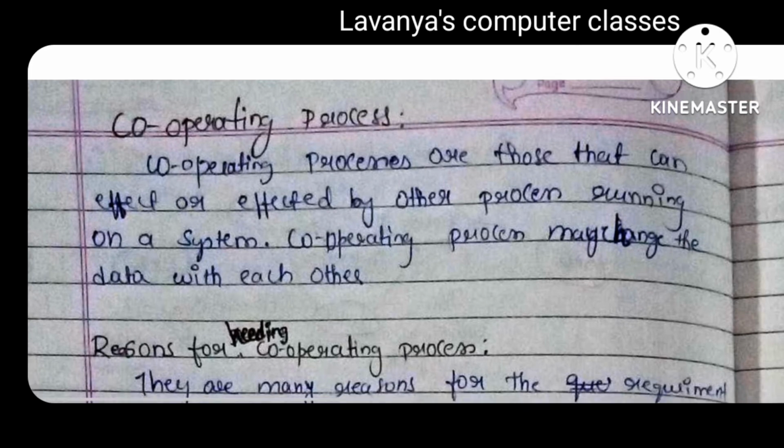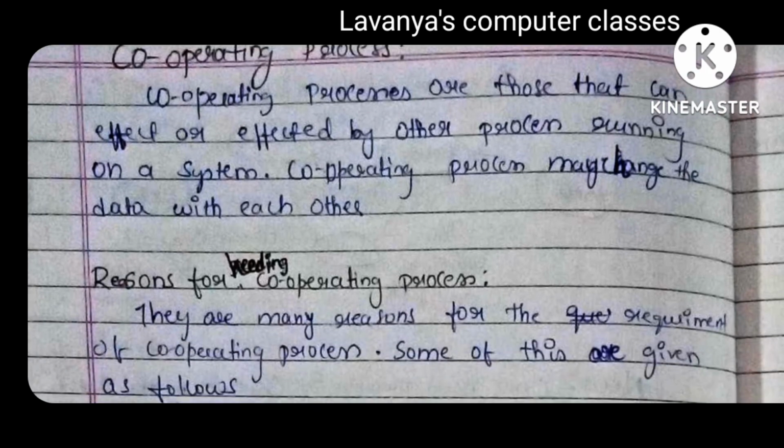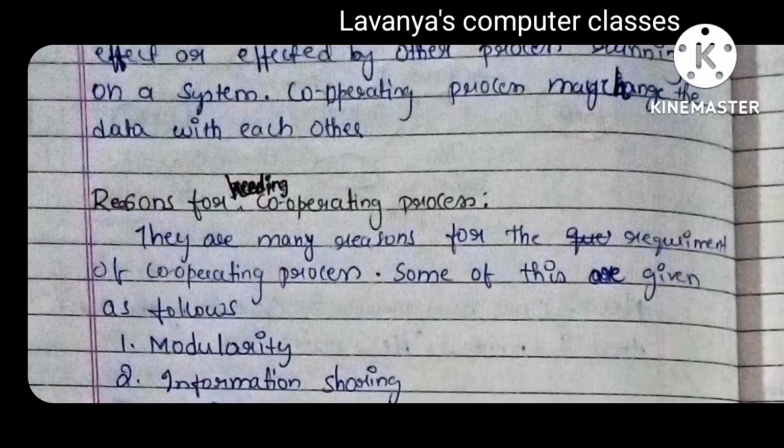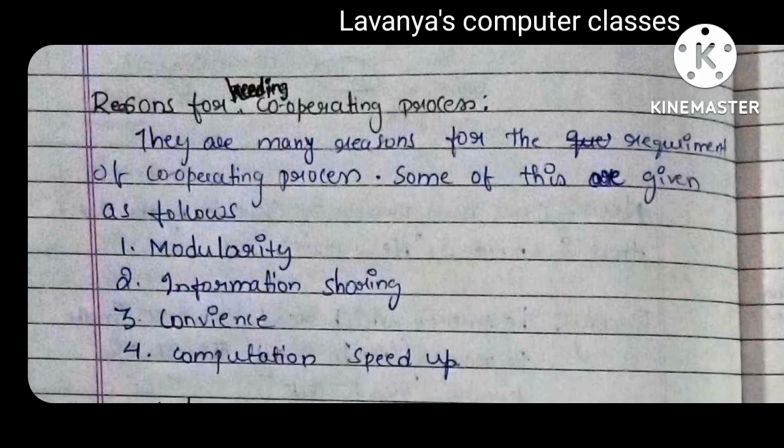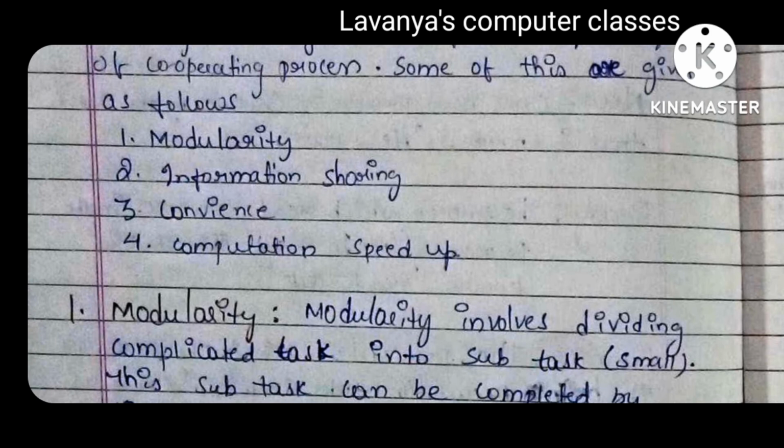Cooperating process. Reasons for cooperating process: modularity, convenience, information sharing, computation speed up. Because of this, you are using cooperating process.